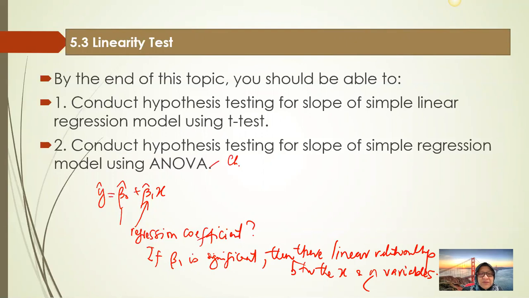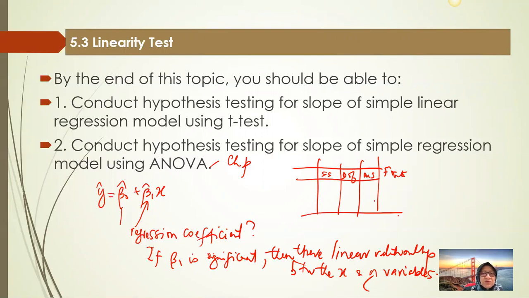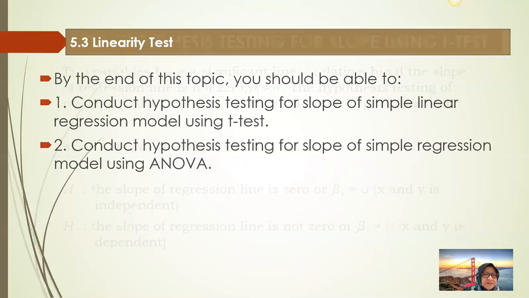ANOVA uses this table, where you have sum of squares, degrees of freedom, mean square, and F test. So you need to construct this ANOVA table, and of course we do this using Excel.